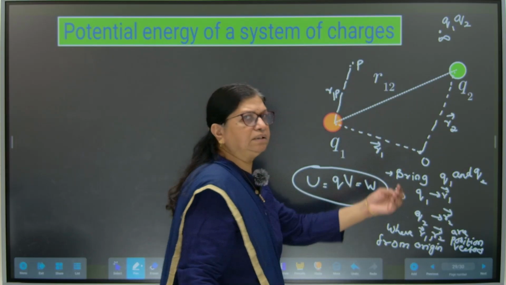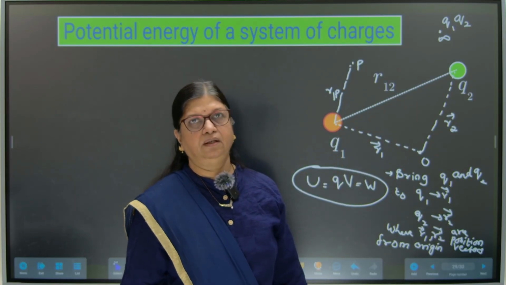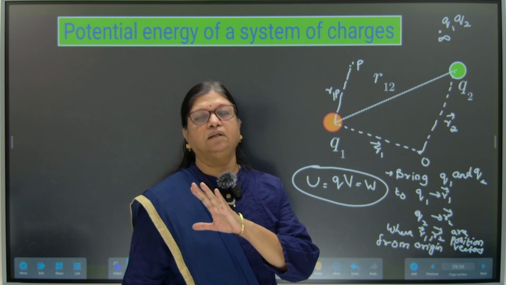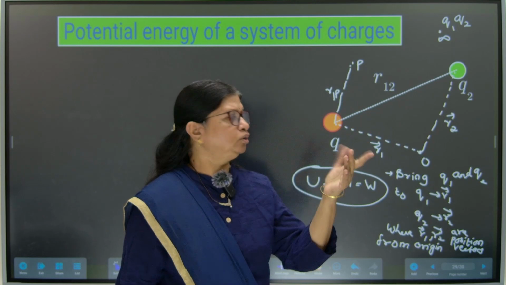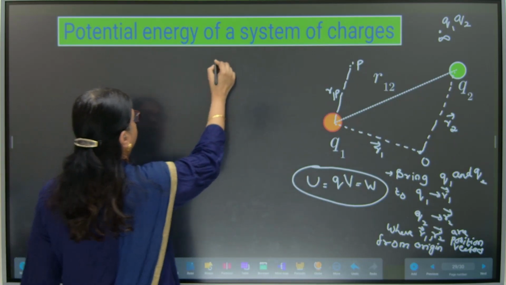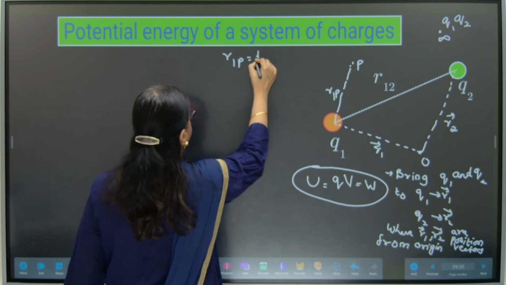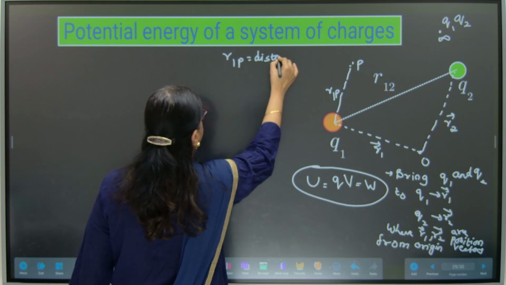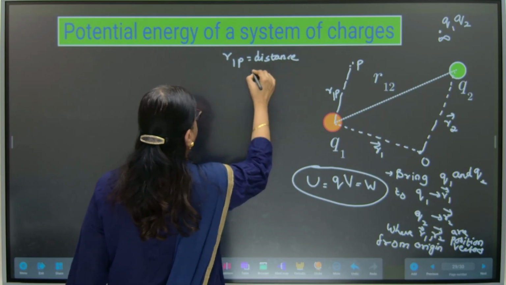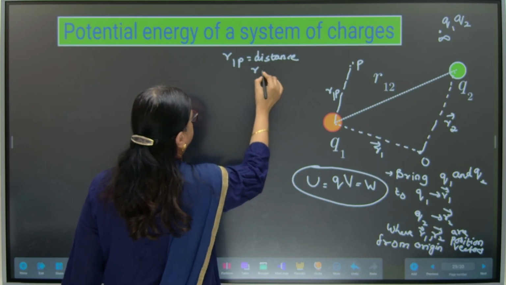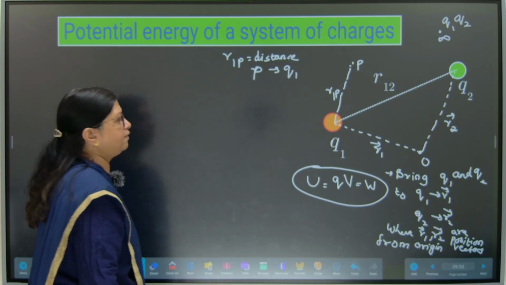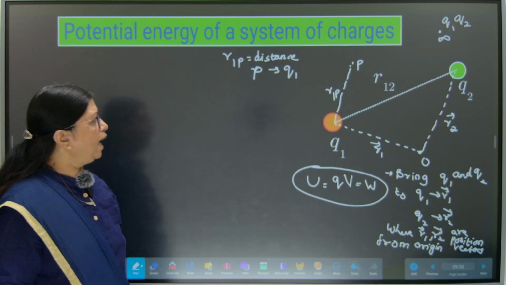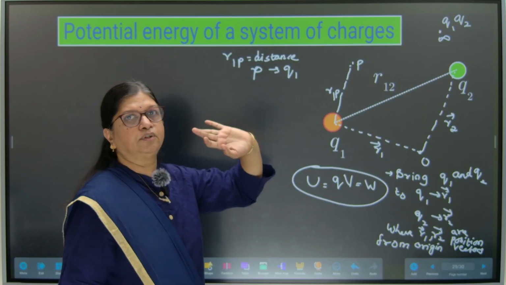This is just a random point in space such that I can name the distance between Q1 and the point P as R1P. So R1P is the distance between P and the charge Q1 itself.